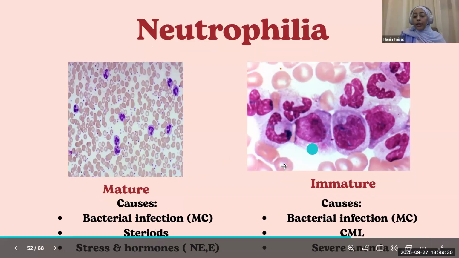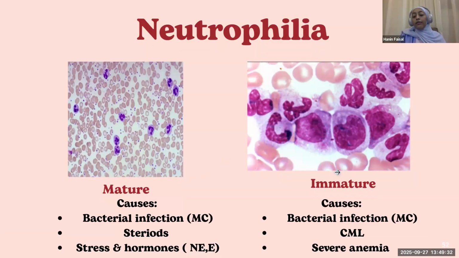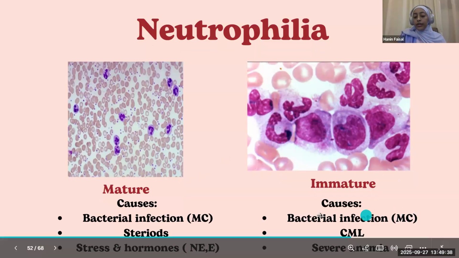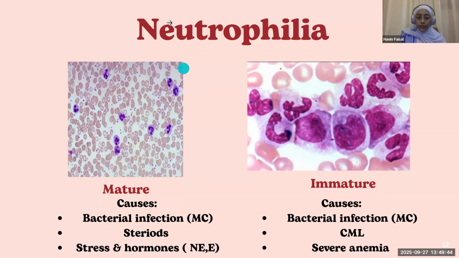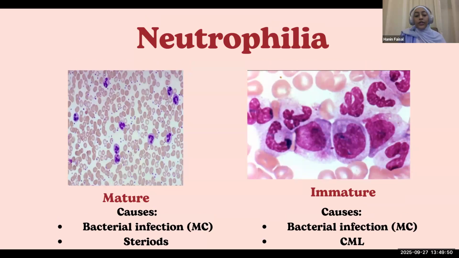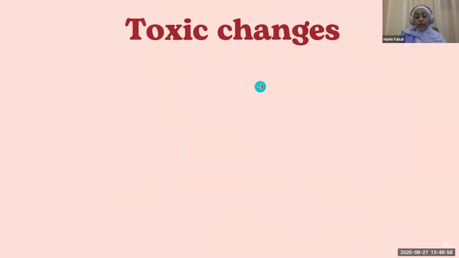For the immature, bacterial infection is again the most common, and you also have chronic myeloid leukemia. Again, the most important thing is bacterial infection in both cases. You have to say bacterial infection, because viral infection is, for example, for lymphocytosis. You can't just write infection in the exam.